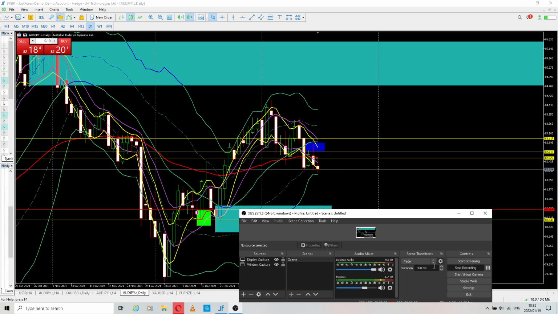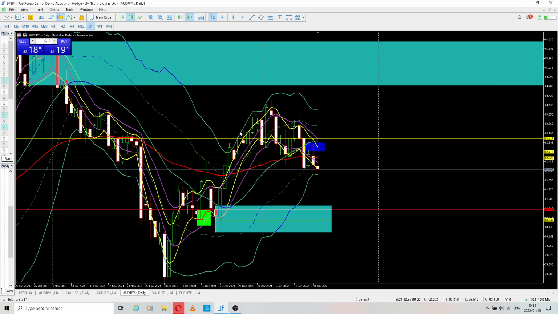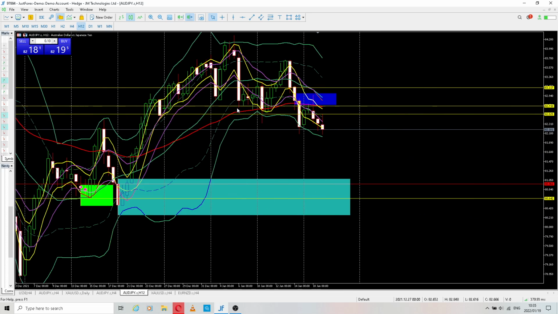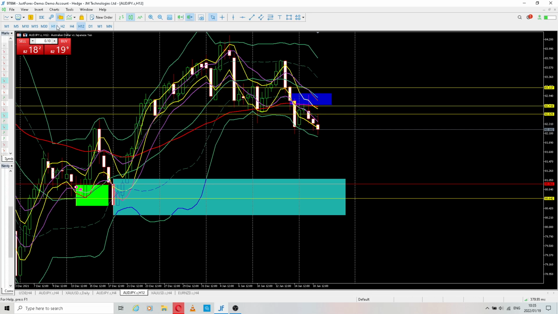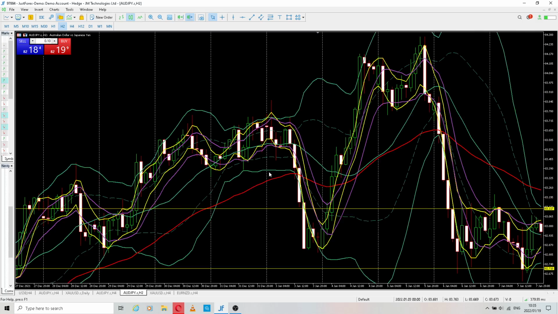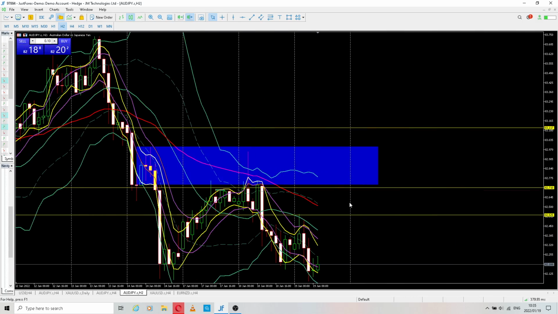Yes, but the trade was possible right there. The other thing I wanted to show here was that sometimes, because of the area, if we would have waited for this to happen, maybe we would have entered our trade right there.